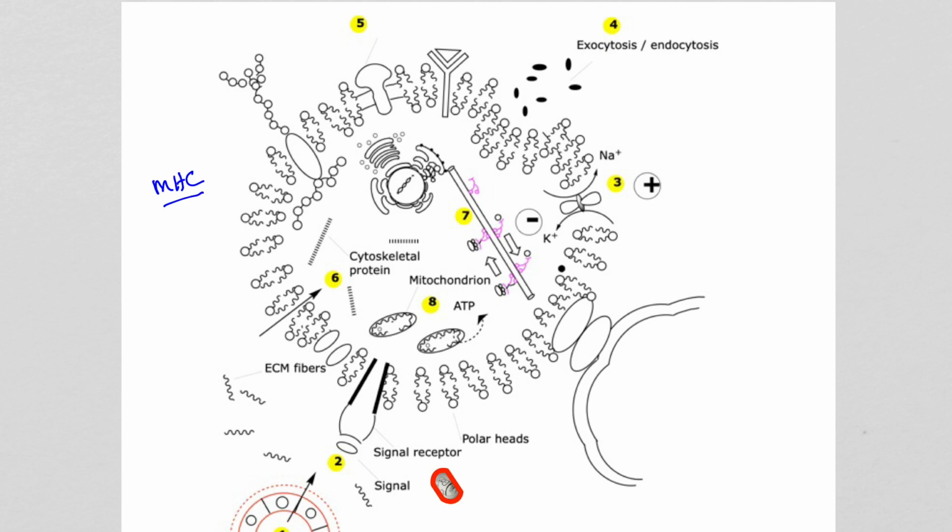So for example, here you see a receptor. Here is a signal receptor. Let me change this color here. You see a signal here binding to the receptor. Okay, this is part of signaling.